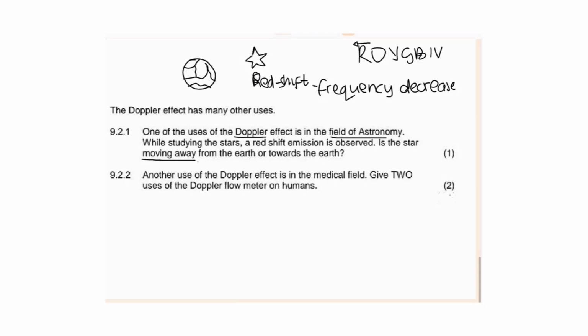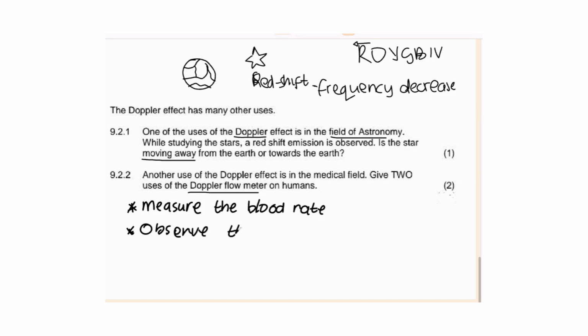Okay, and then 9.2.2, another use of the Doppler effect is in the medical field. Give two uses of the Doppler flow meter on humans. So the Doppler flow meter is a device that they use in medicine, and we have seen earlier that the Doppler effect under medicine can be used to measure the blood flow rate, and it can also be used to observe the fetus heart rate.